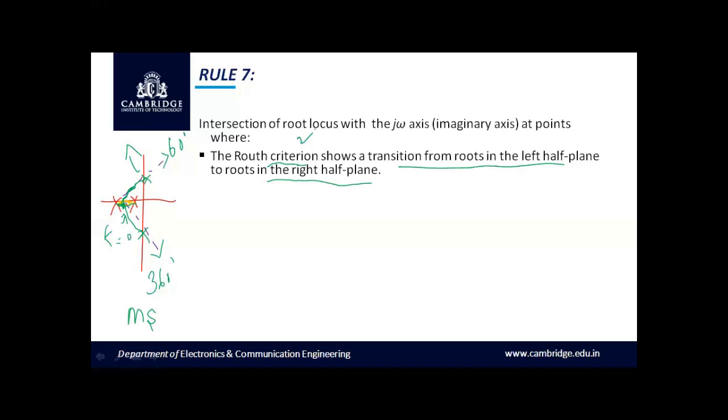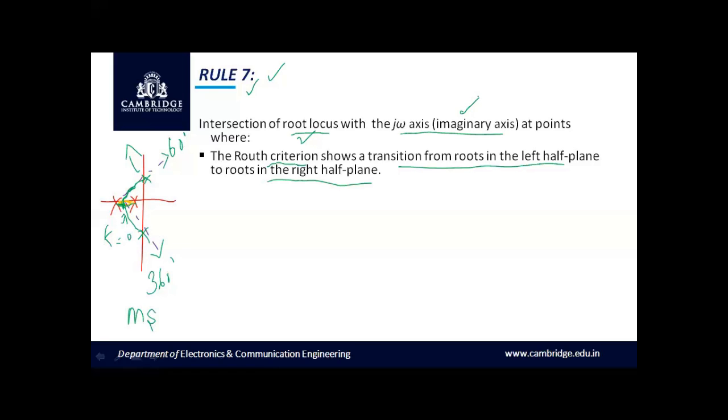So making use of Routh's criterion, we can find the roots which are intersecting on the imaginary axis. So with respect to rule 7, we are going to calculate the intersection of the root locus with the imaginary axis.